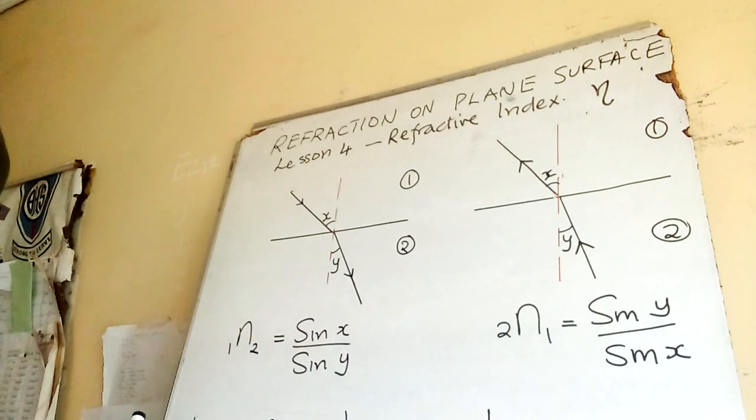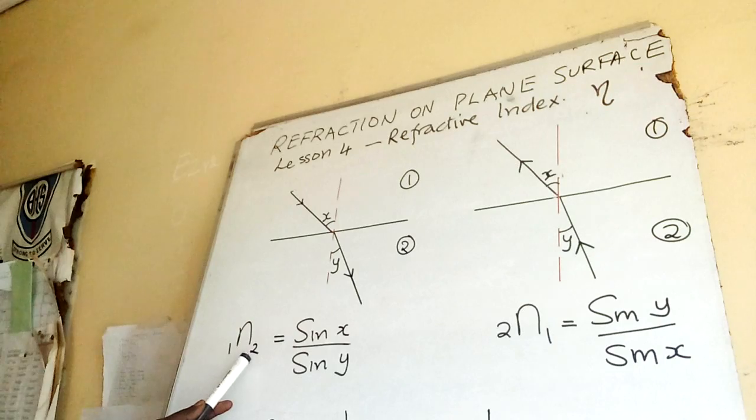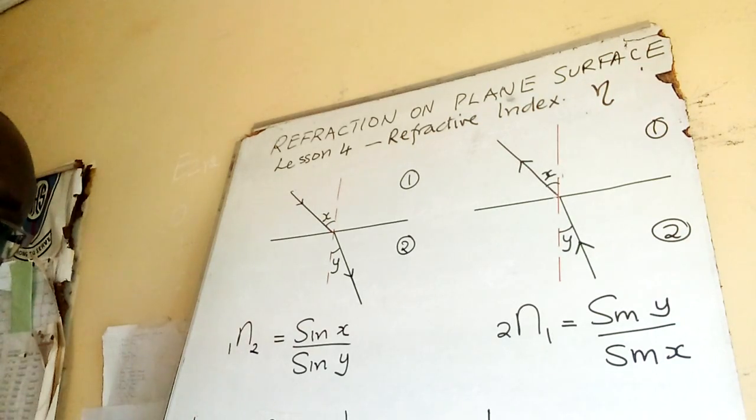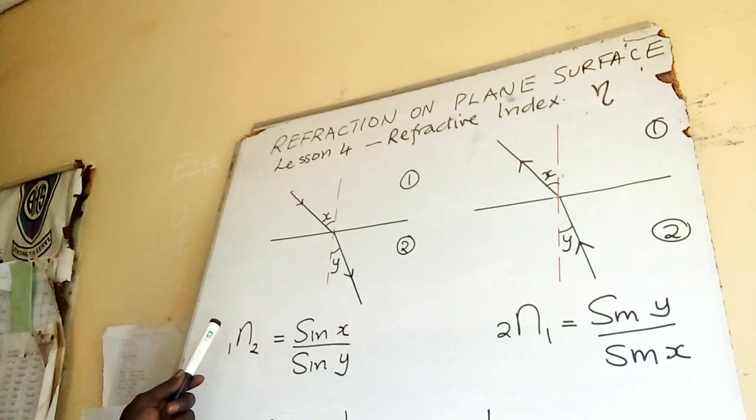By that definition of refractive index, you put subscript 1 where it is coming from, then subscript 2 where the ray is moving to. So when I have 1 and 2, it means refractive index of medium 2 with respect to 1, coming from 1 going to 2.